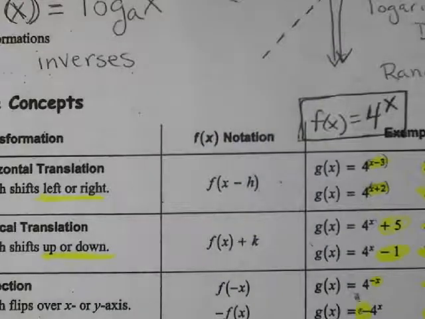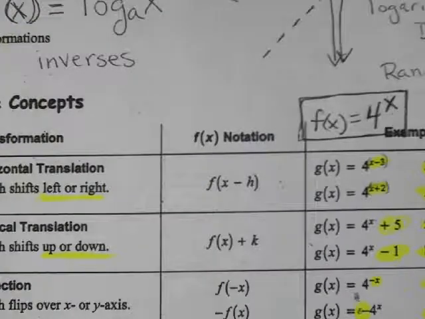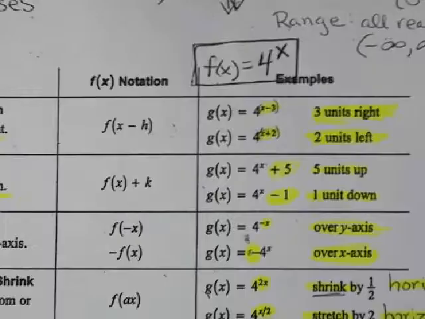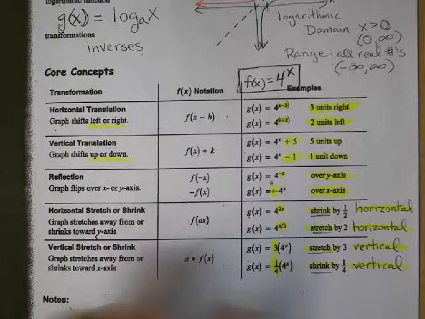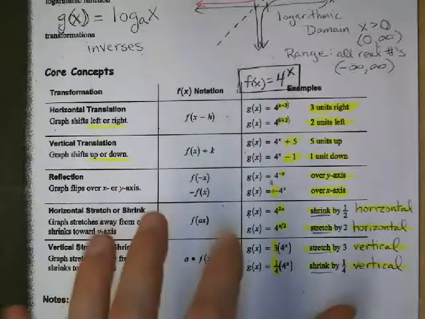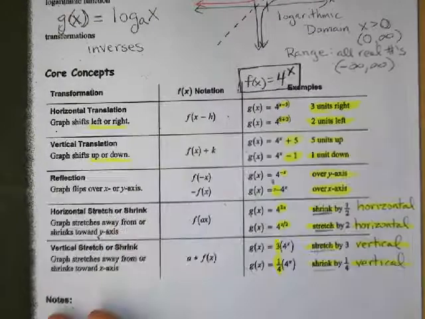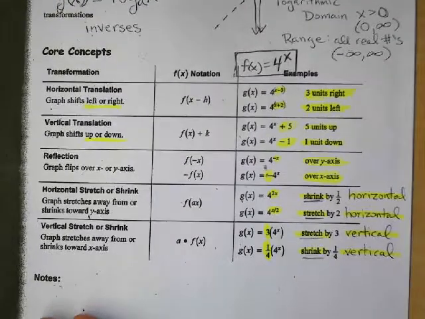I'm going to take a picture of those notes I was showing you, scan those and put this document on your Canvas module page for today too. So you'll have a list of all these transformations.